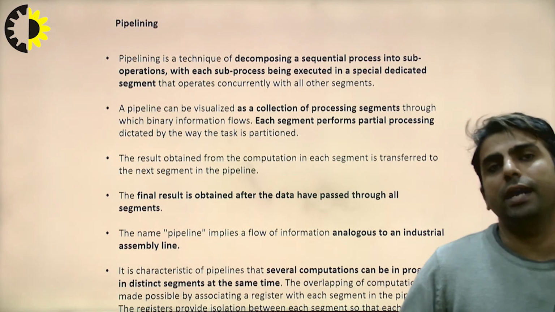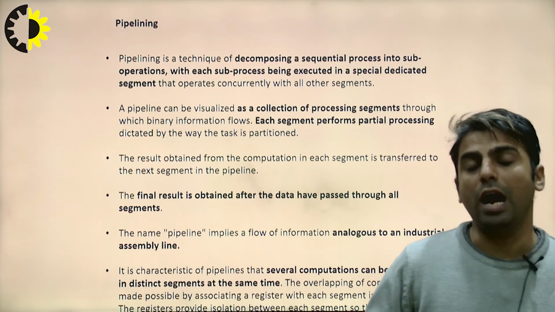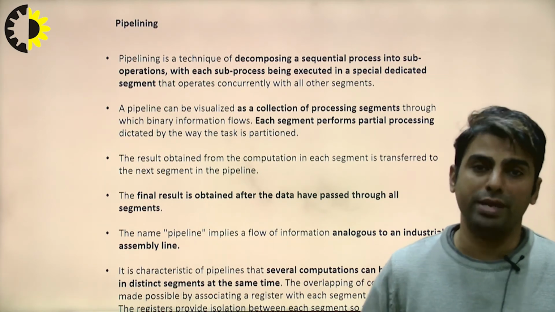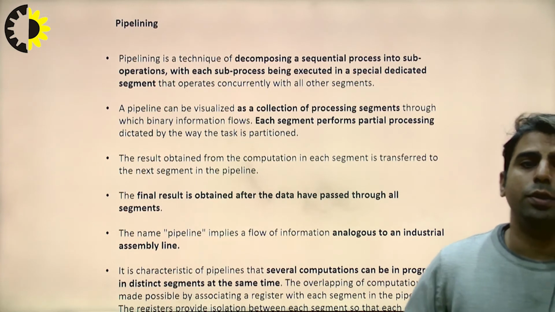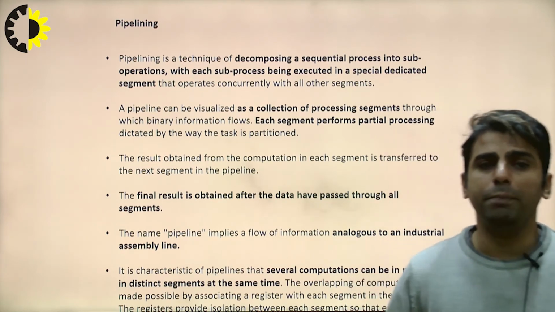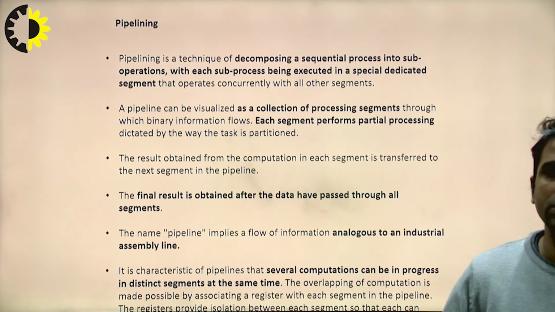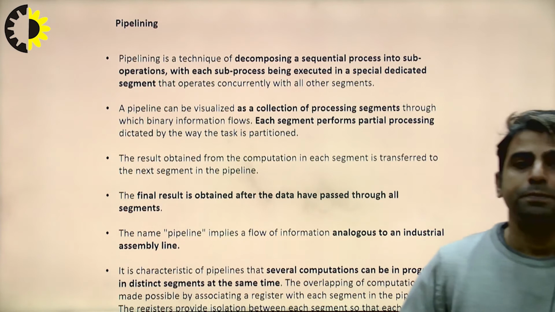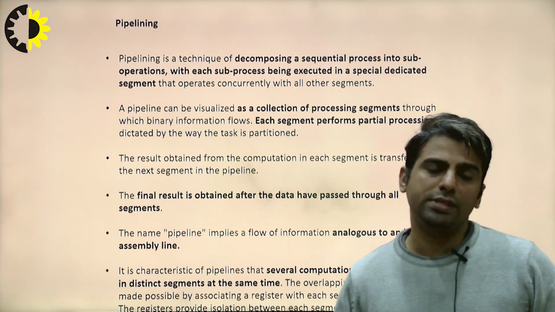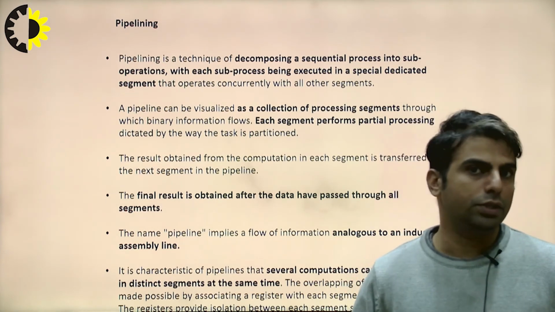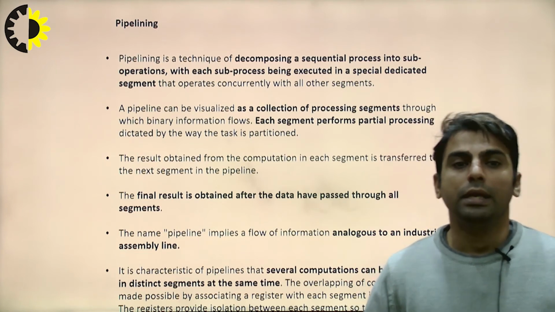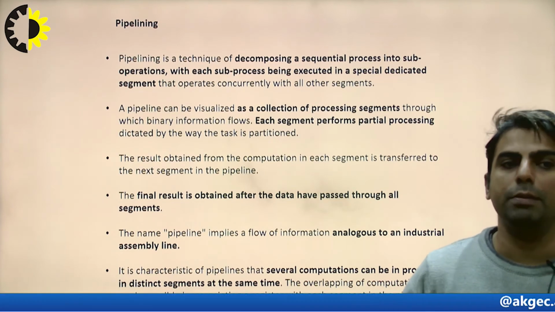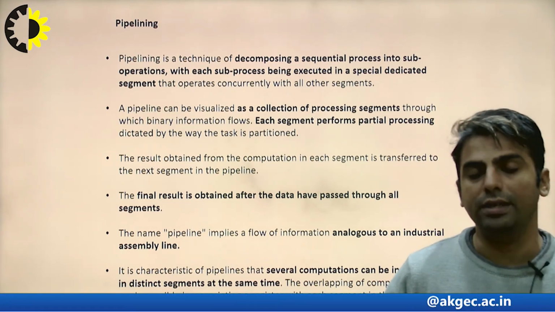A pipeline basically implies a flow of information analogous to an industrial assembly line. Second last point, it is analogous to an industry's assembly line. You will learn this through an example. Last, it is the characteristic of a pipeline that several computations can be in progress in distinct segments at the same time.